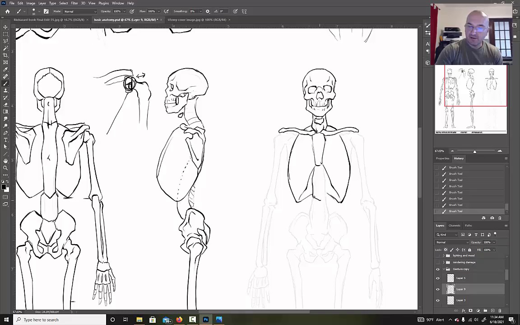Thoracic region of the spinal column, lumbar region, spinal column, and tailbone.